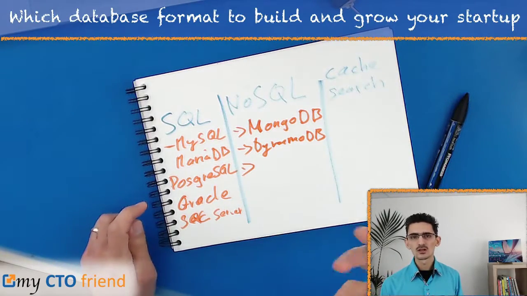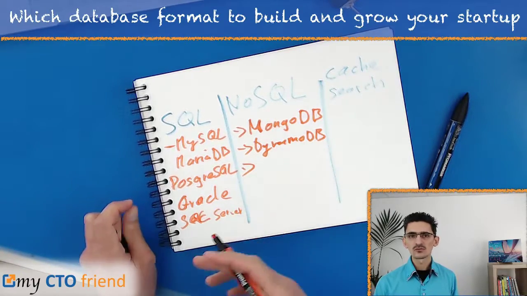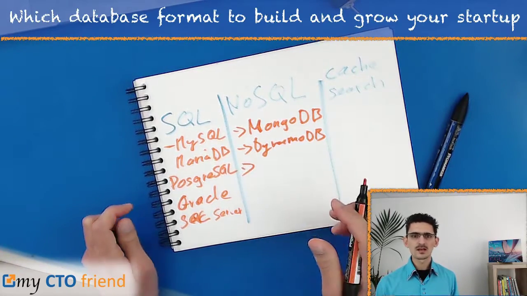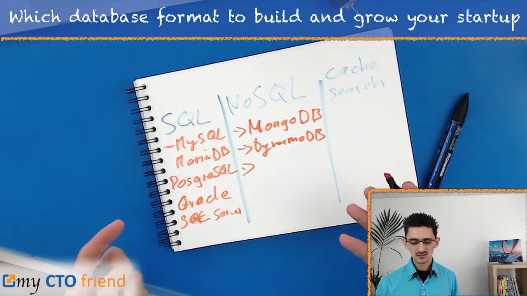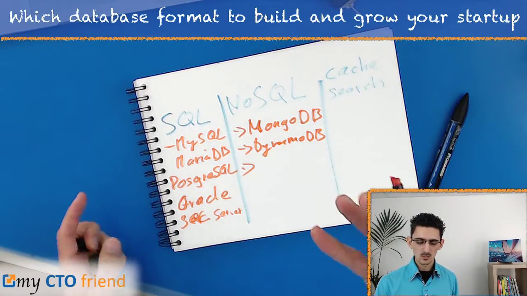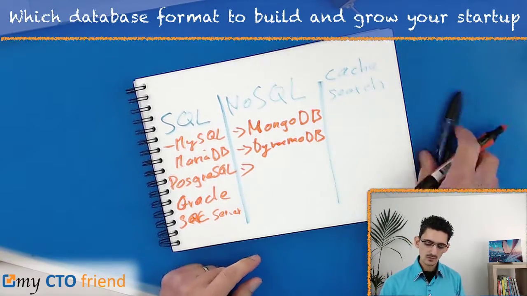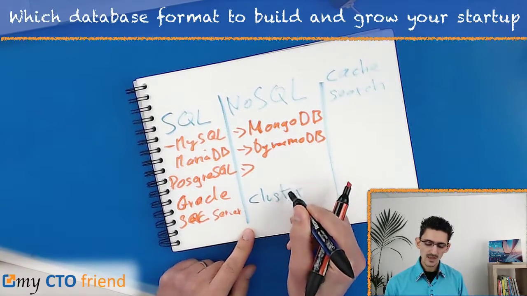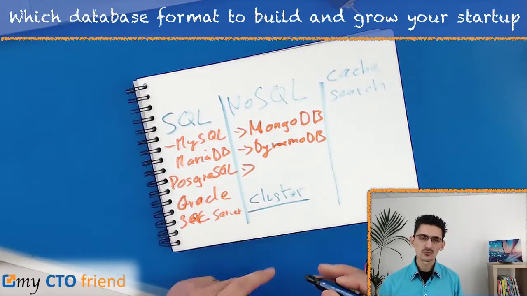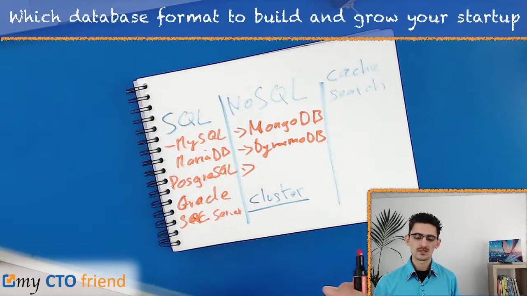Google also has its own NoSQL database. Microsoft, and I think IBM, has its own NoSQL database as well. It's very interesting to see how we can manage very large amounts of data. And it's also very great when we talk about clustering. Again, with a very large amount of data, it's better to use a NoSQL database.